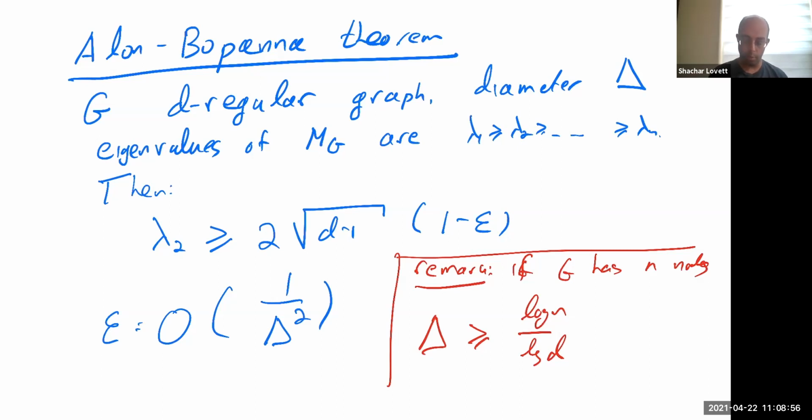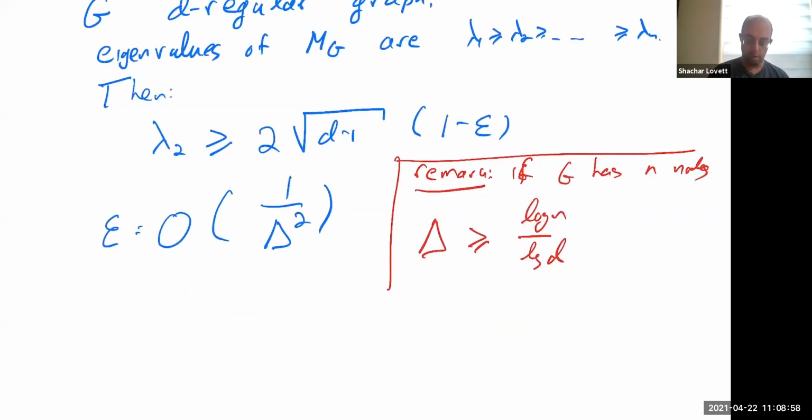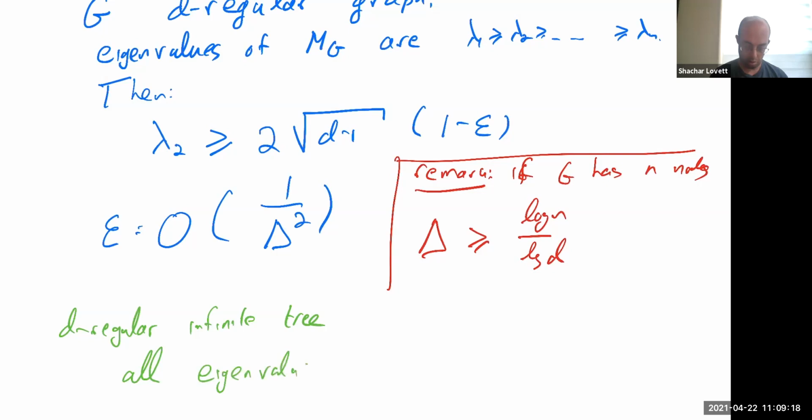And the other thing I wanted to point out, which we saw last time, is that for the d-regular infinite tree, where we defined what it means to be an eigenvalue, all eigenvalues are in this strip between minus 2 root d minus 1 and plus 2 root d minus 1.